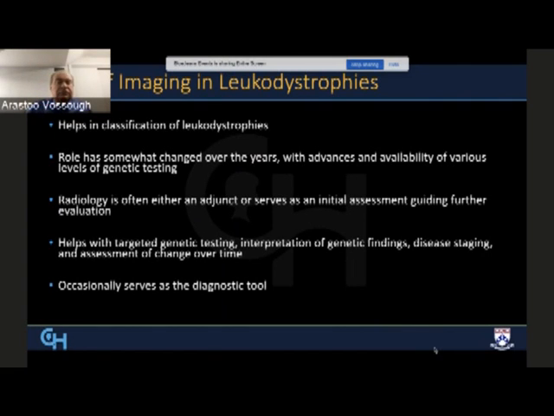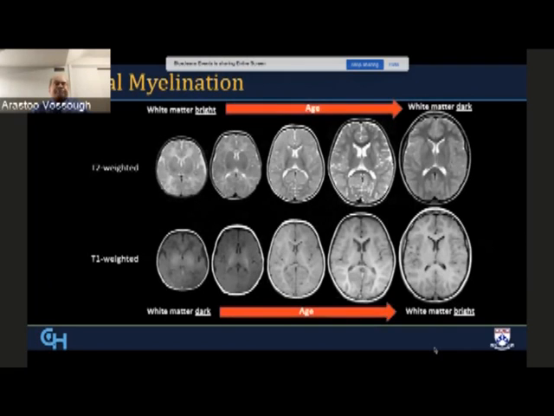Radiology is often an adjunct or may serve as an initial assessment guiding further evaluation. It may help with targeted genetic testing, interpretation of genetic findings and variants of unknown significance, with certain disease staging and assessment of change over time. And certainly it still serves occasionally as a primary diagnostic tool.